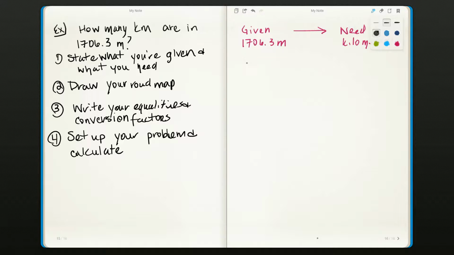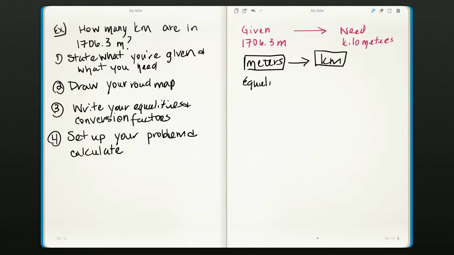So we're starting with meters and going to kilometers. Okay, so next thing we need to do is write our equality. We need to do the same thing that we did before. So meters equals blank kilometers.